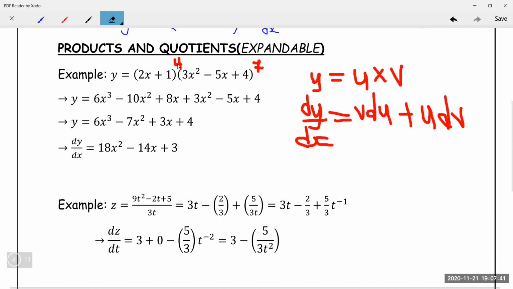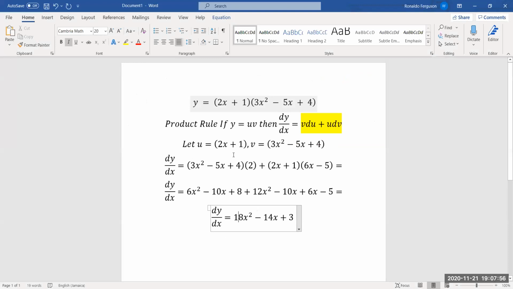So those are the times when product rule is going to be very important. You're going to need to know product rule for those sorts of questions. Product rule comes in very handy when we have brackets with very high powers. That's when we really use product rule.